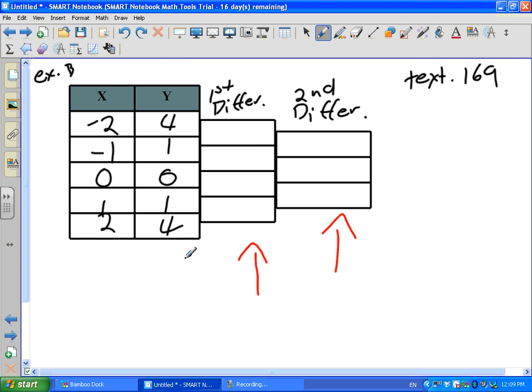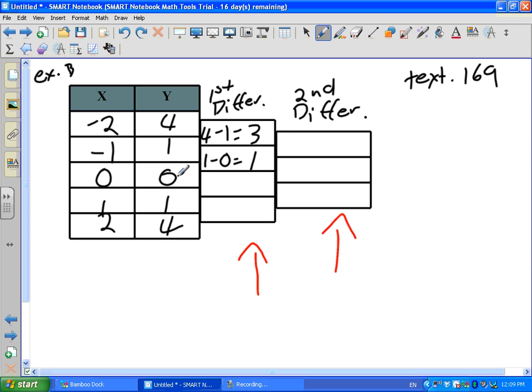Okay, so we're going to find the first differences. What that means is I take my top y value and I subtract it by the one below it. So we have 4 subtract 1. What is that going to become? 3. Good. The next first difference, I take the top y value again, subtract by the one below it. So I have 1 subtract 0. What am I getting? 1.